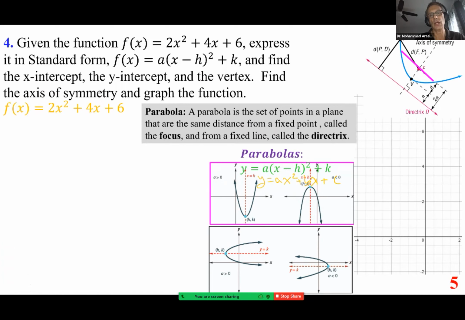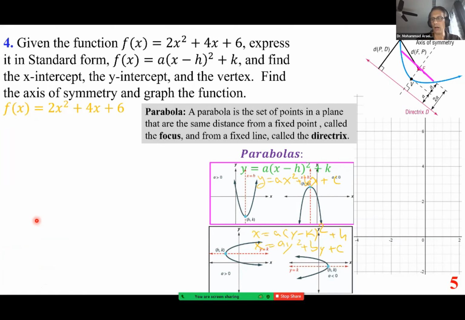For this one, you have x equals a times y minus k squared plus h, or in this case, ay squared plus by plus c, when it opens sideways.